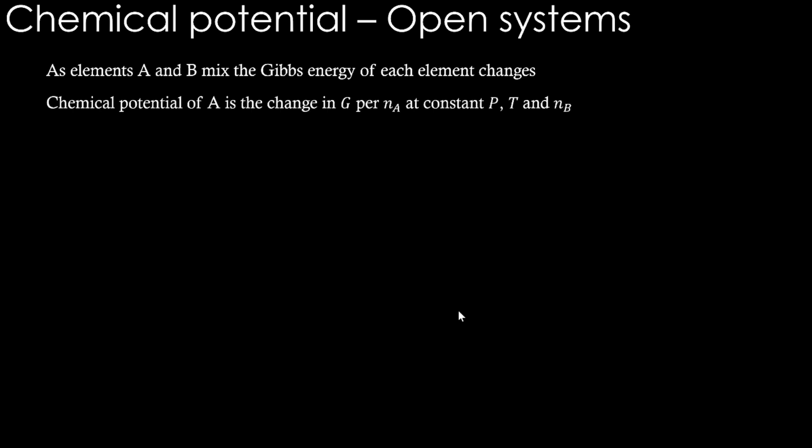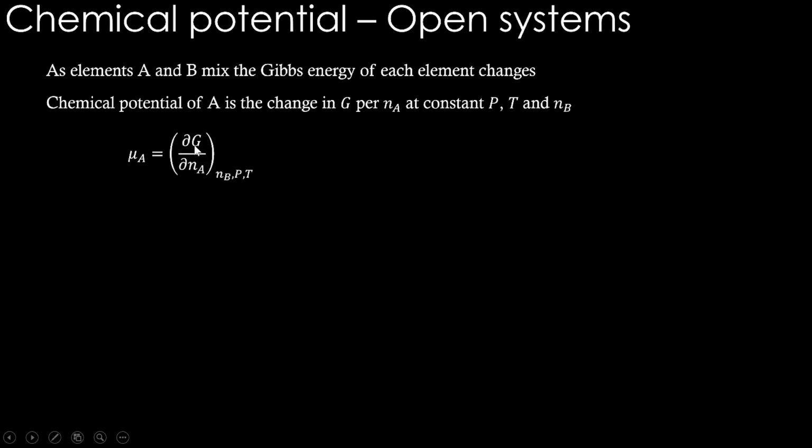So therefore, chemical potential of A is the change in Gibbs energy per number of moles of A at constant pressure, temperature, and number of moles of B. We have to keep the amount of the other element constant, only then we can talk about adding only A and seeing the Gibbs energy change.